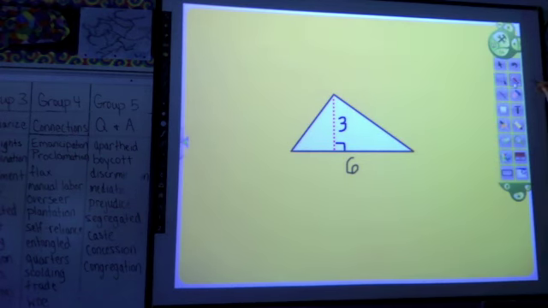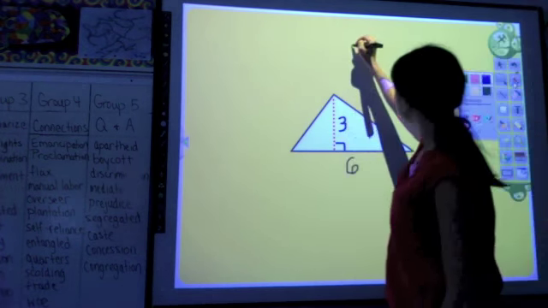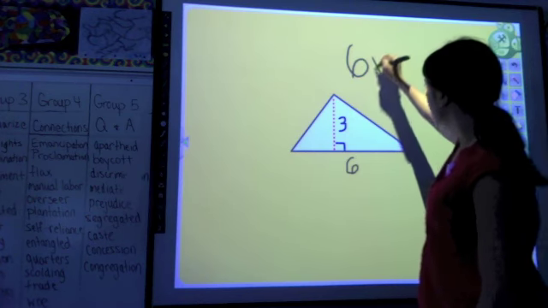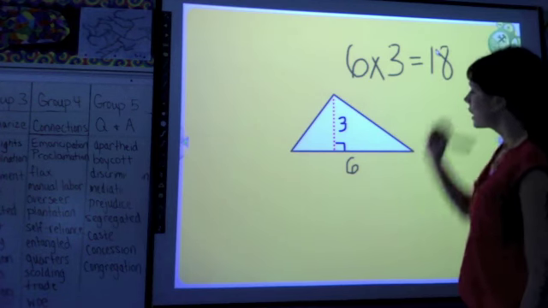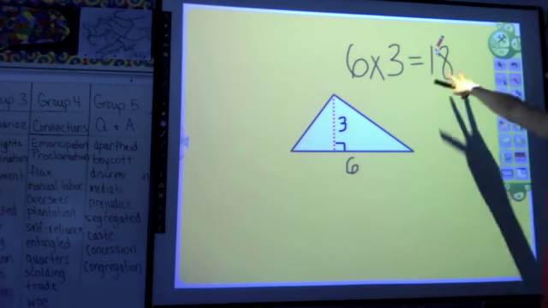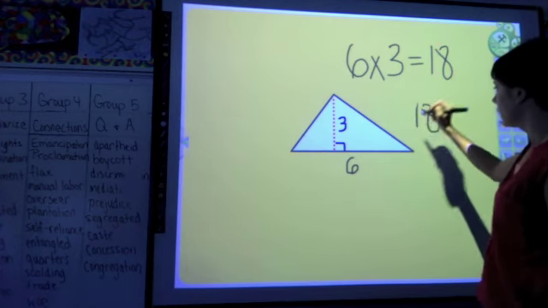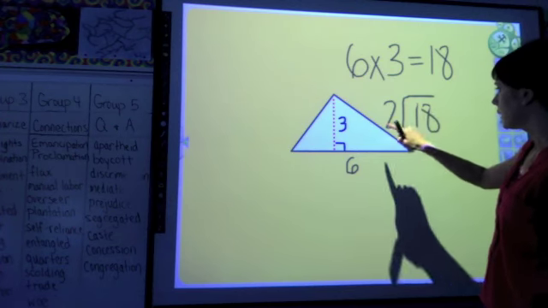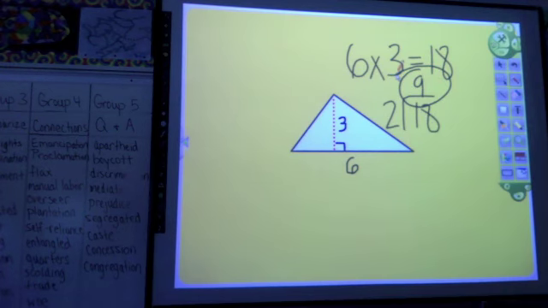So I'm going to start by multiplying my base times my height. I know that 6 times 3 equals 18. The next step is to take that answer and divide it by 2. I know that 18 divided by 2 equals 9. So the area of my triangle is 9.